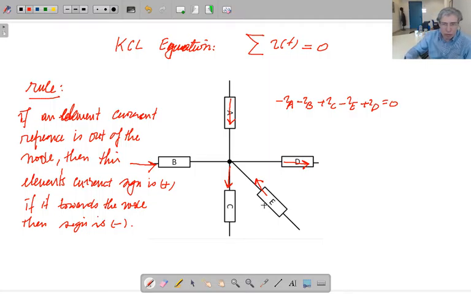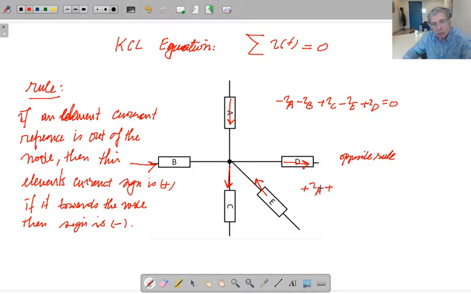If we choose the opposite rule, that means when it is towards the node, it's going to be plus, and when it is out of the node, it's going to be minus. In this case, our equation is going to be like that.